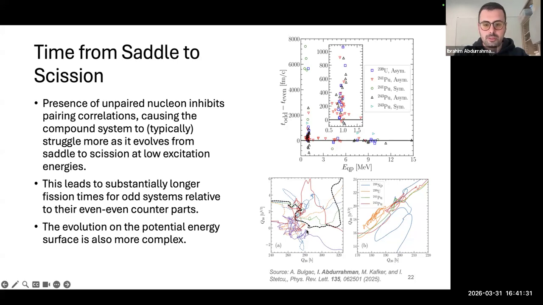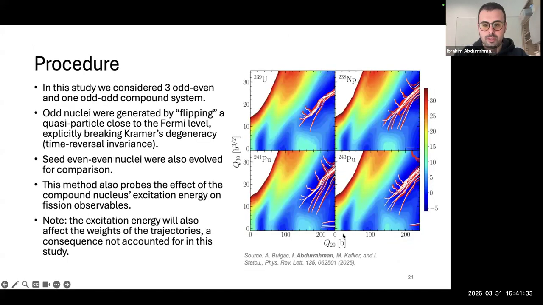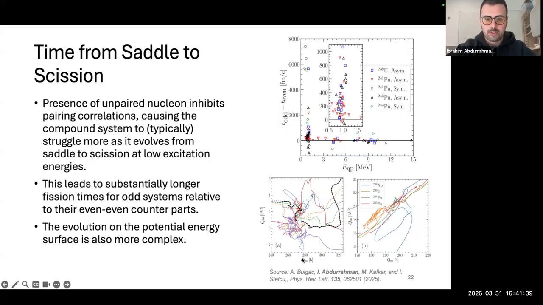We also noticed, so what this is basically zooming in on the potential energy surface and looking at the evolution for some range of octupole and quadrupole deformations. We noticed that the evolution is much more chaotic in odd systems. So you can see if, starting from the left and going to the right, I follow this black line, it undergoes quite a lot of oscillations, the same with this red one and so forth.